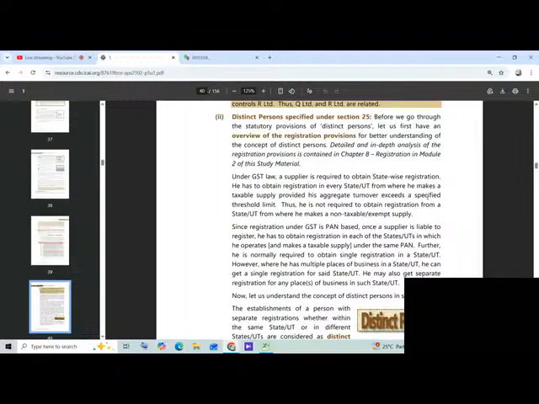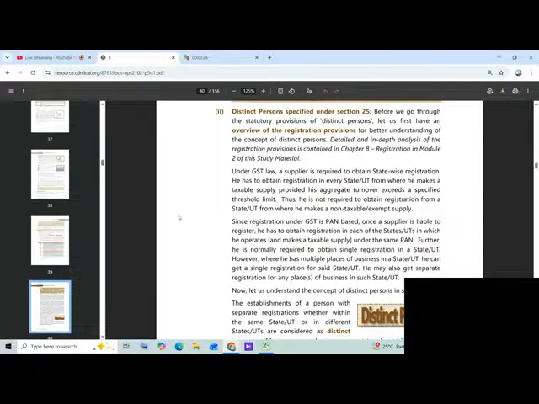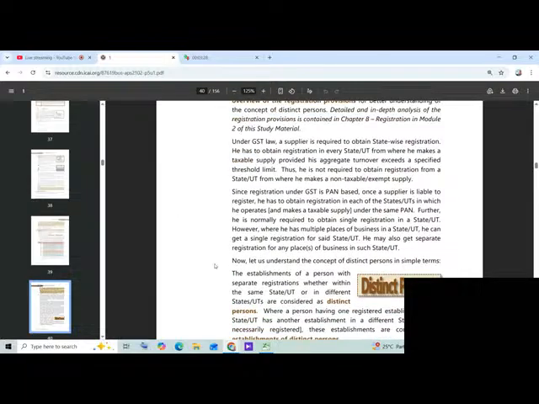Thus, he is not required to obtain registration from a state or union territory from where he makes a non-taxable or exempt supply. Since registration under GST is PAN based, once a supplier is liable to register, he has to obtain registration in each of the states or union territories in which he operates under the same PAN.